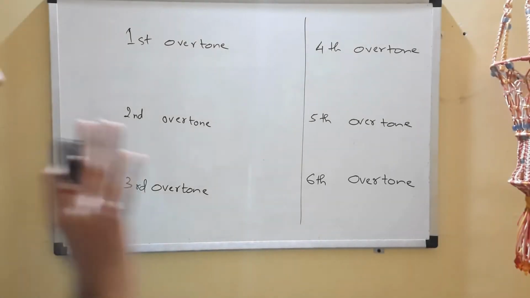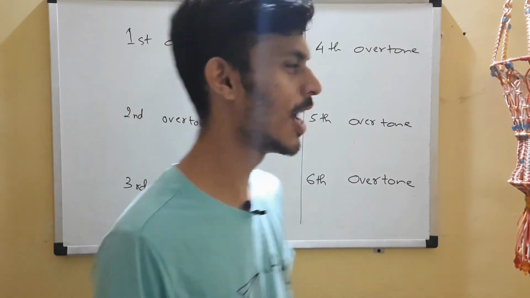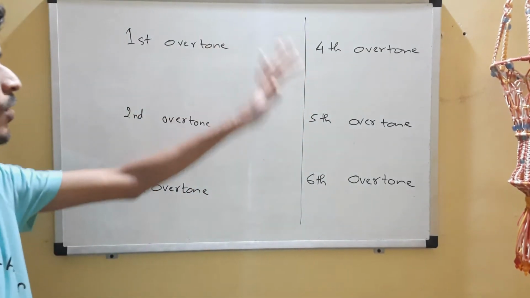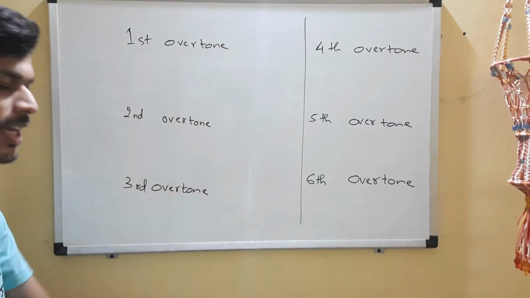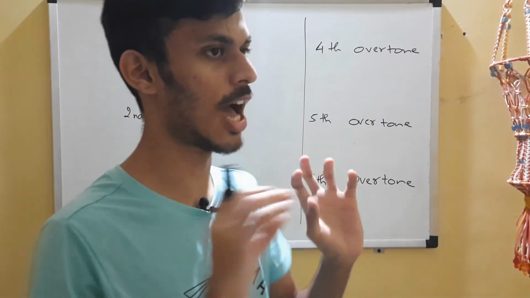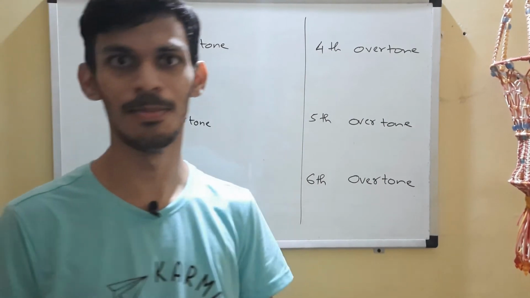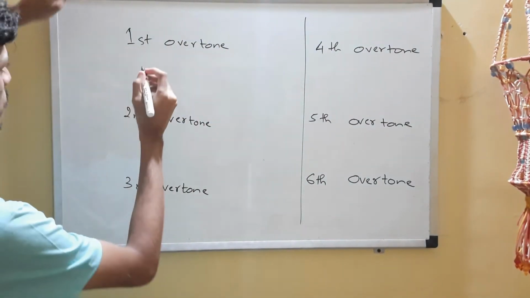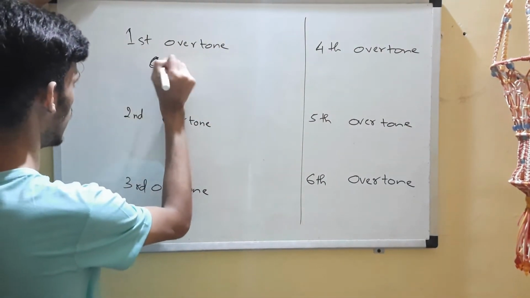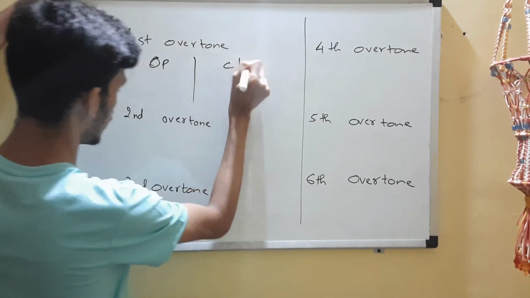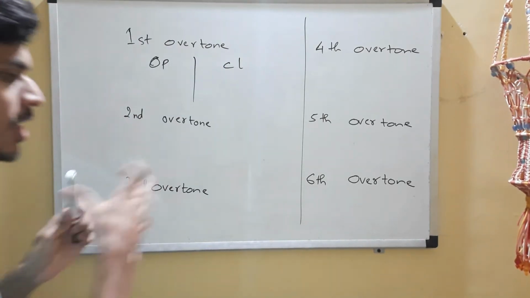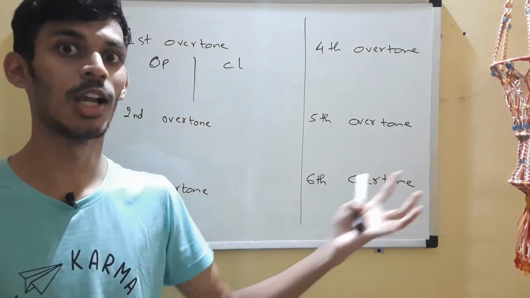Okay, let's try to put in action what we have learned so far. So here we have different overtones: first, second, third, fourth, fifth, sixth, and we will try to find the harmonics for each of these for open and closed organ pipe. So let's start with the first overtone for open and closed organ pipe. Basically the question is: first overtone equals what harmonic?